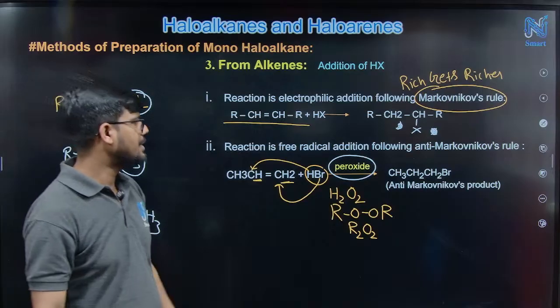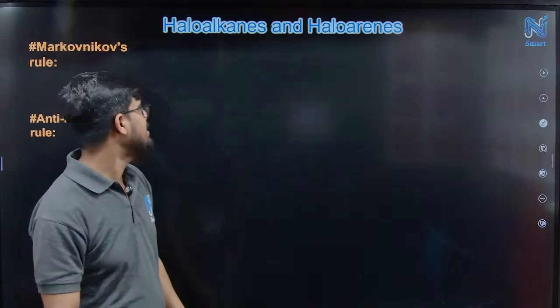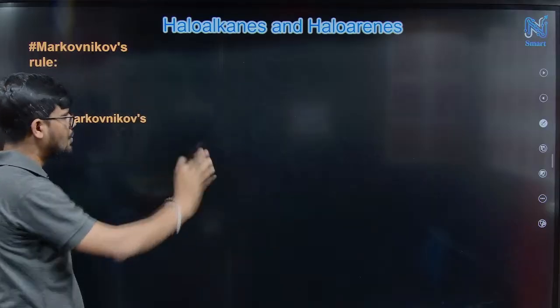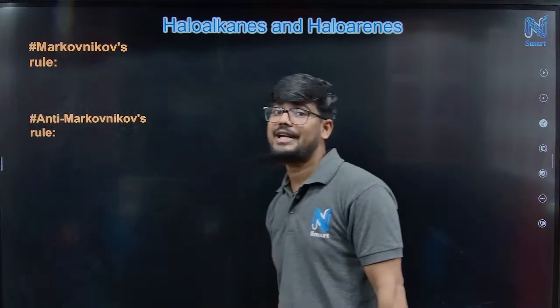Now you will ask, sir, how are we getting this product? Markovnikov products I already discussed, there is no problem in that. But how are we getting the Anti-Markovnikov product?